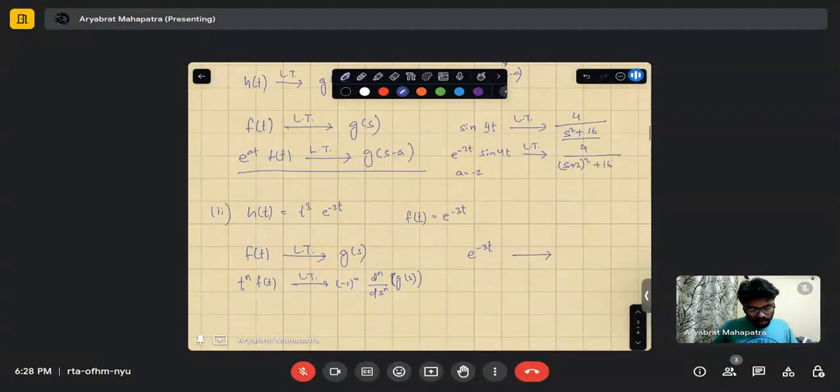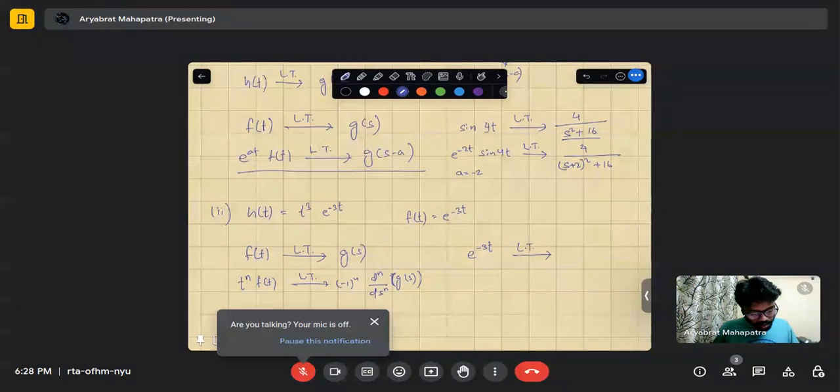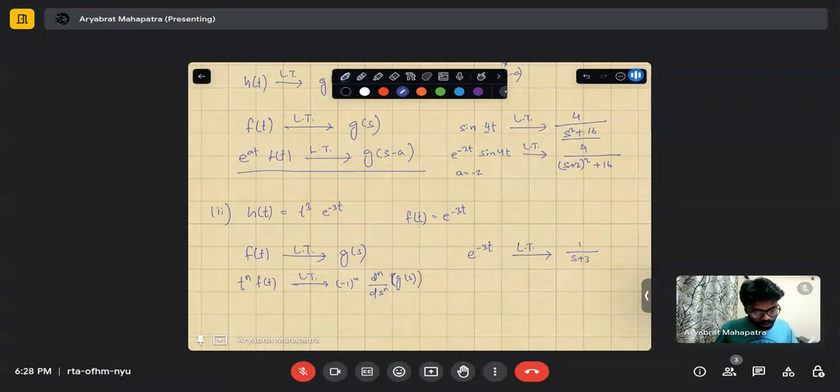Just write that result here. That will give you 1 over s plus 3, since Laplace of e to the at is 1 over s minus a.